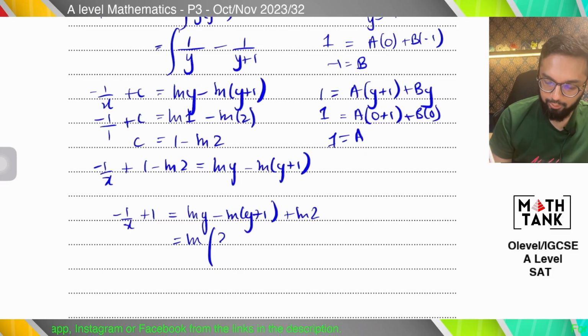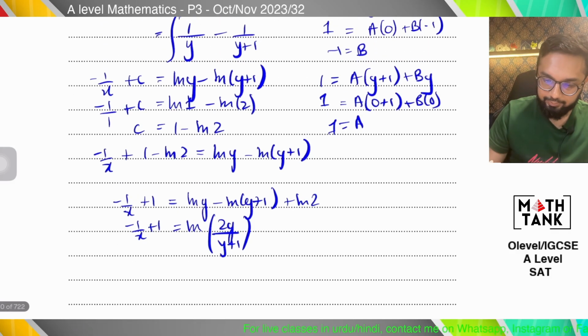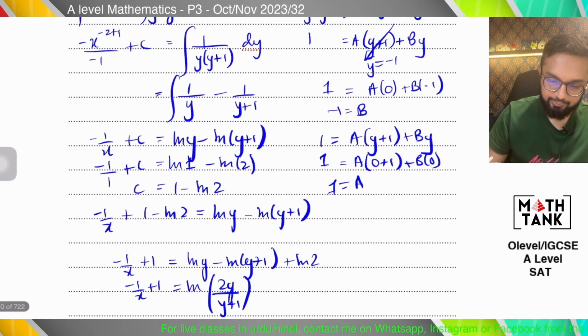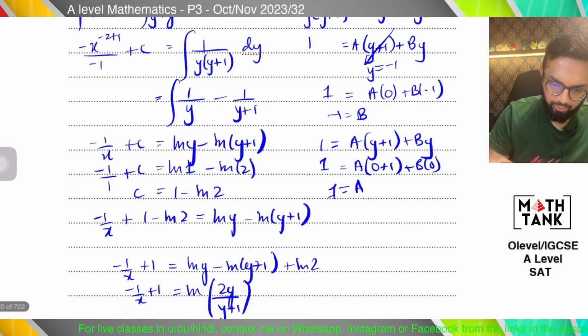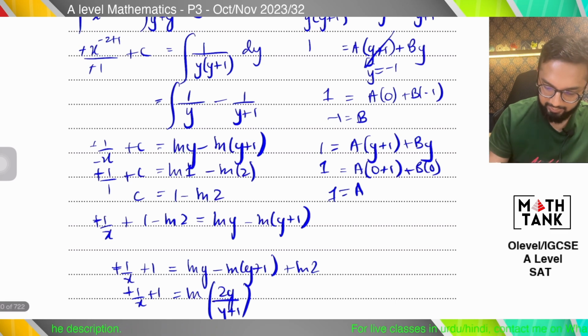So ln of 2y over y plus 1 equals minus 1 over x plus 1. Okay, there were two negatives involved, so I think that's a plus then. Yeah, that's the mistake that I've made.